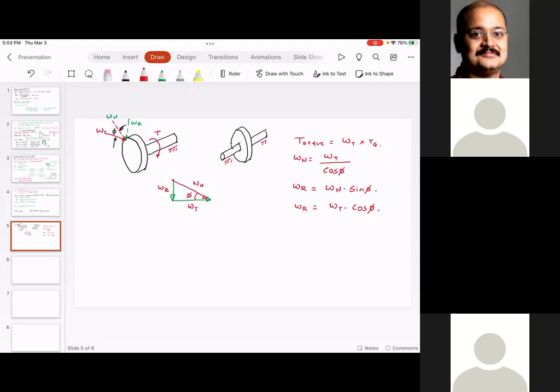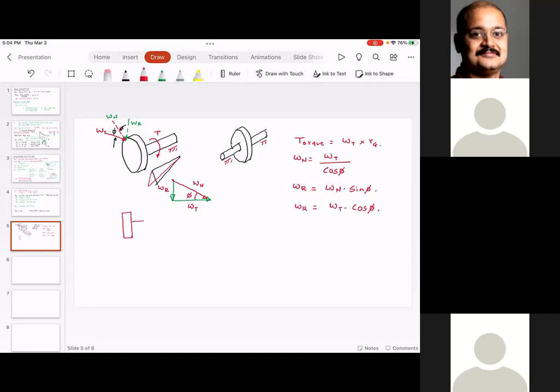But actually you have two moments: a moment in the horizontal direction and a moment in the vertical direction. If you want to find the moment, you draw the front view and the top view. I'll show you how it would look.